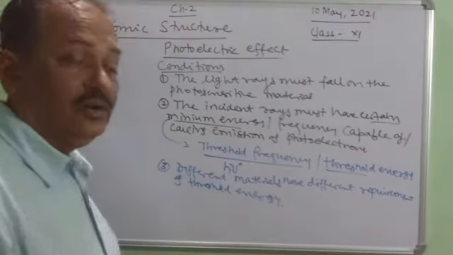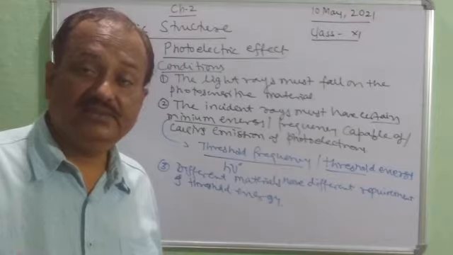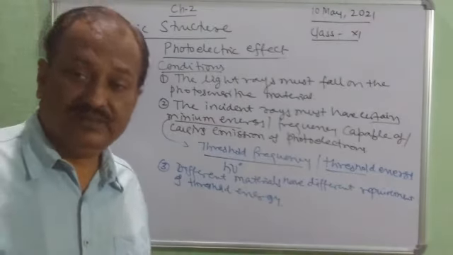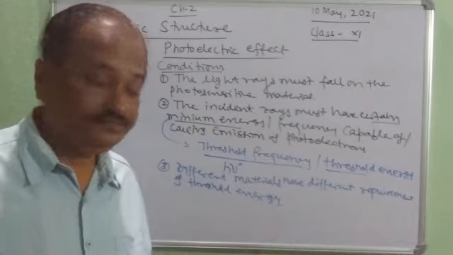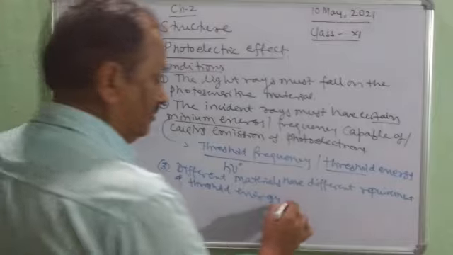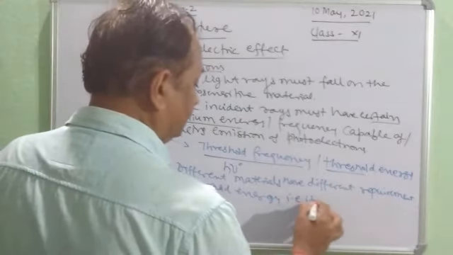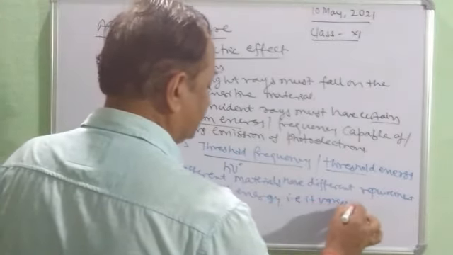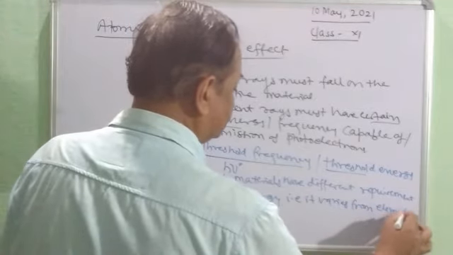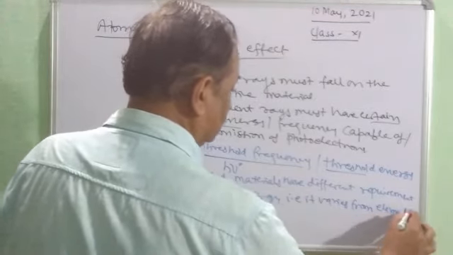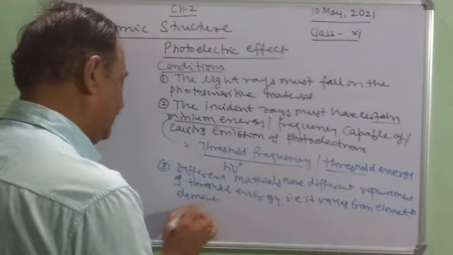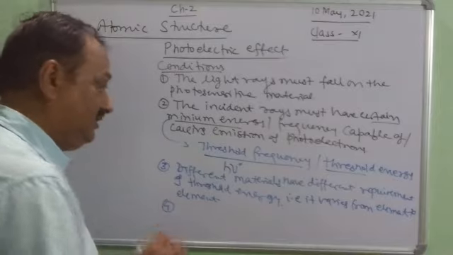Meaning is all the photosensitive materials do not have the same amount of threshold energy requirement, and it varies from element to element.